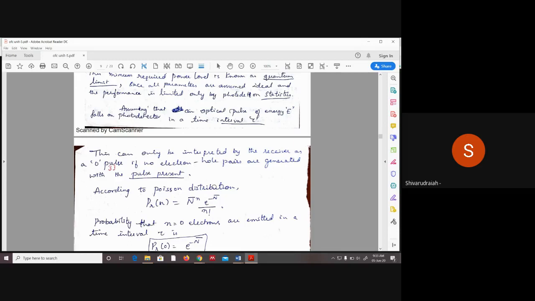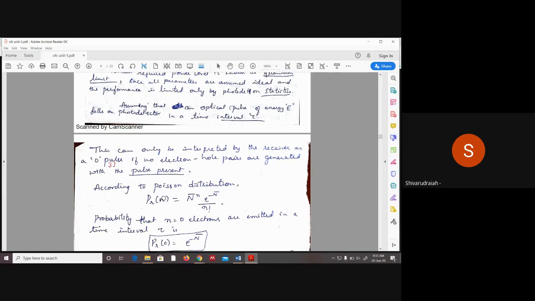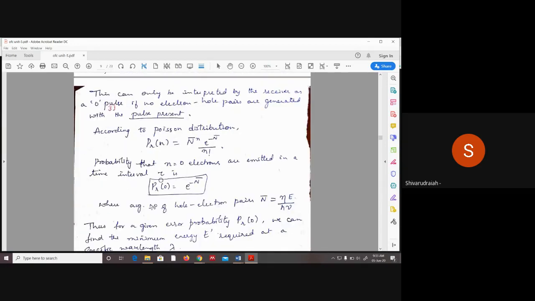According to Poisson distribution, we have this probability equation. The probability that n is equal to 0 defines that no electron hole pairs are generated at the time interval tau. This happens whenever a logic 0 pulse is illuminating the photodetector. What is that probability when n is equal to 0?